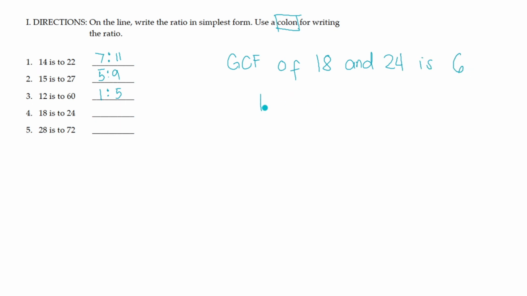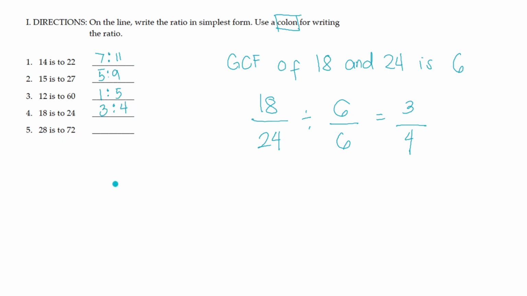So ngayon, sulat natin ulit siya sa fraction form. And then, i-divide ulit ang numerator at denominator sa 6. So, we have 3 over 4. So, 18 divided by 6 is 3 and 24 divided by 6 is 4. Or, 3 is to 4.